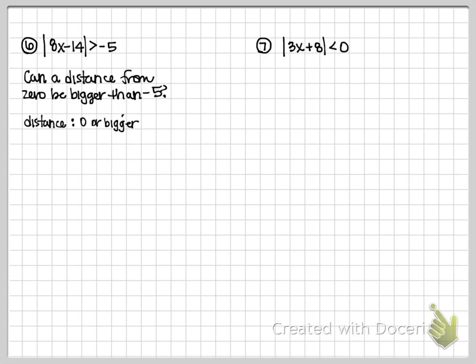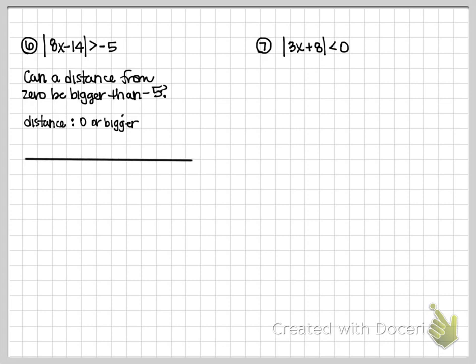Okay, so let's think about things that are bigger than negative 5. So negative 2 is bigger than negative 5, but negative 2 can't be a distance, so that doesn't make any sense. 0 is bigger than negative 5, and I can have a distance of 0, okay. 1 is bigger than negative 5, and I can have a distance bigger than negative 5. Well, let's think about a number line here.